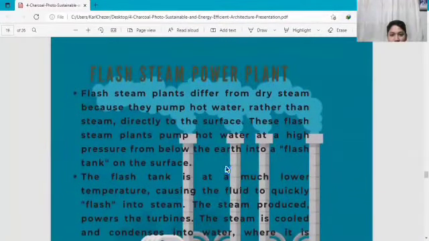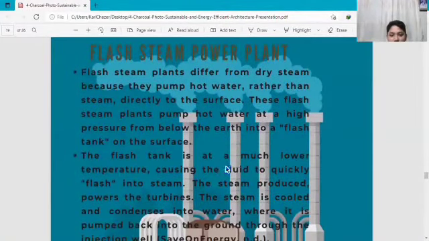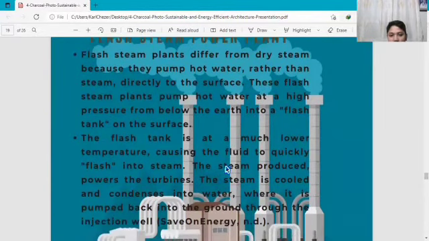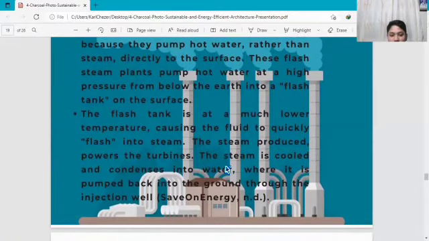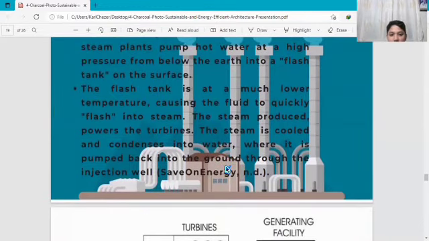Flash steam power plant. Flash steam plants differ from dry steam because they pump hot water rather than steam directly to the surface. These flash steam plants pump hot water at a high pressure from below the earth into flash tanks on the surface. The flash tank is at a much lower pressure, causing the fluid to quickly flash into steam.